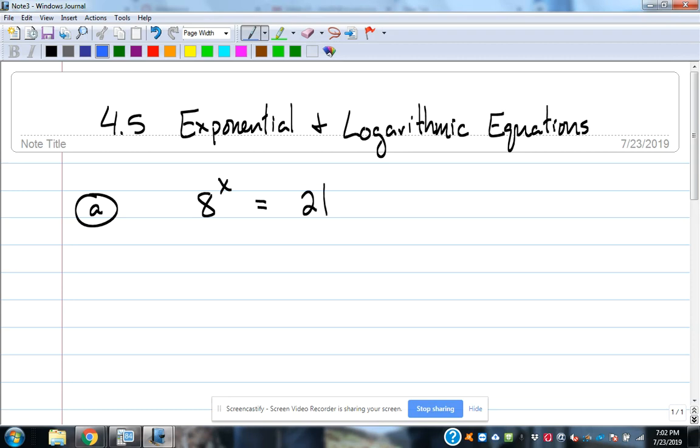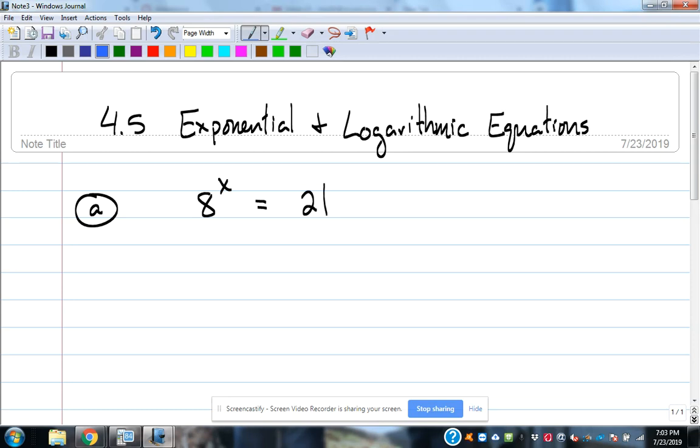If you Googled solving this particular equation, you'd probably get several different ways of doing it. I'm going to show you the way using a common log, which works for most every problem. When you use a specific base of a log, that changes for each problem. So we're going to use a more generic way that will work for a wider range of problems. I think that's the best way to go about this.